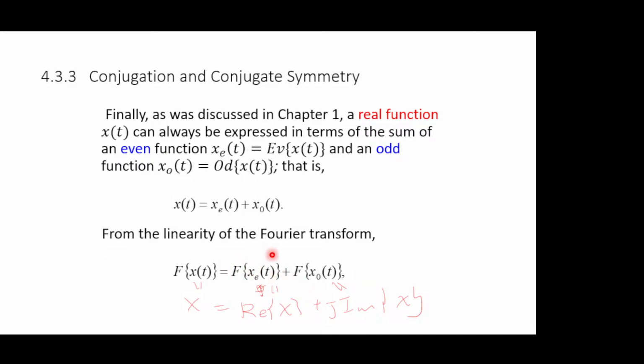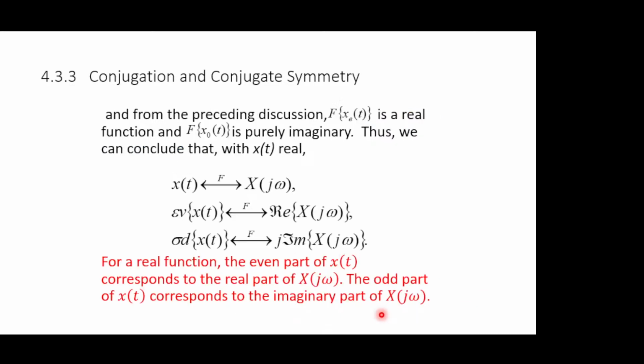So the Fourier transform of the even part is the real part, and the Fourier transform of the odd part is the imaginary part.